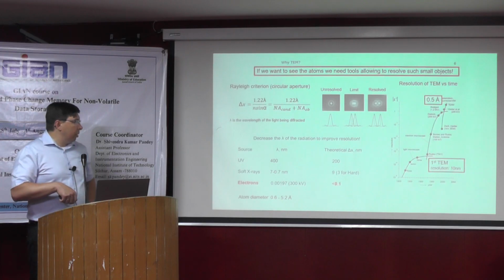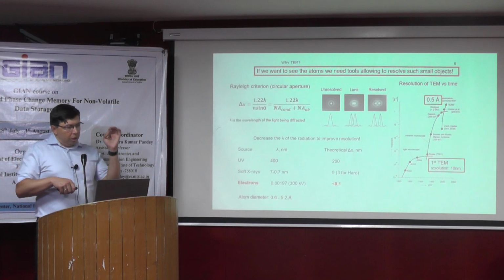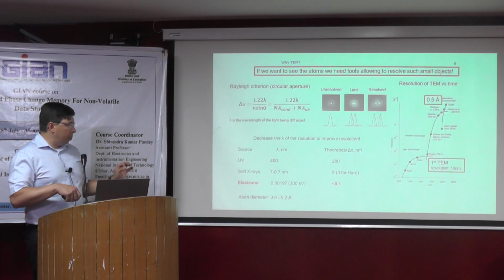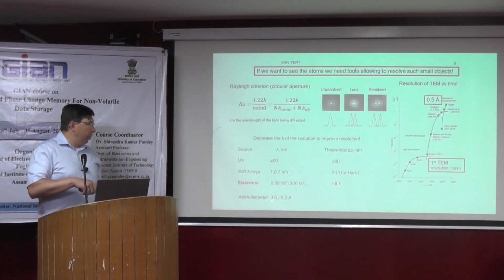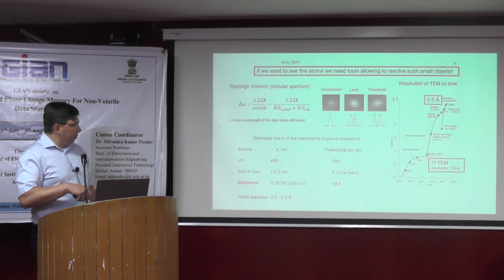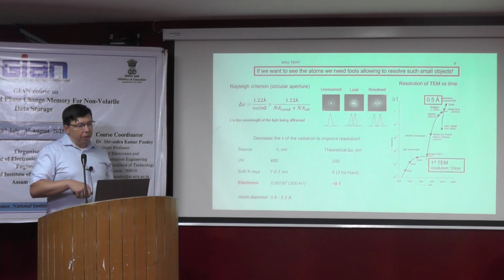Remember that the atomic diameter in our crystal lattices depends on the type of atom, but is in the range of 0.6 to 5.2 angstrom. So by using this wavelength, we can resolve the atoms in our crystal lattice.